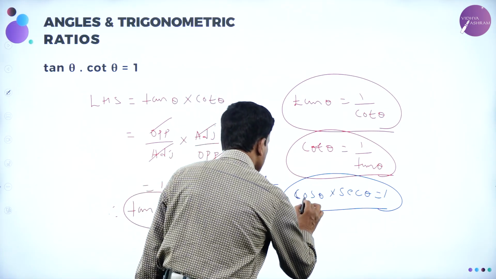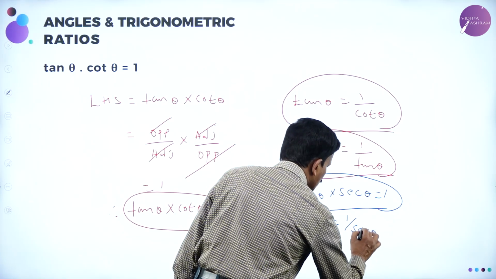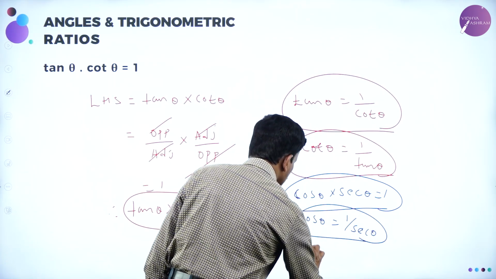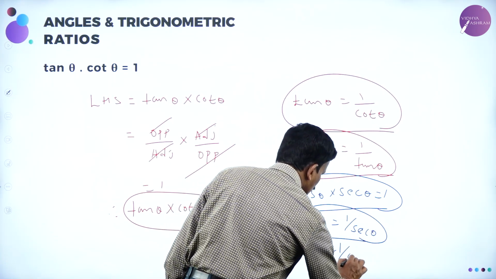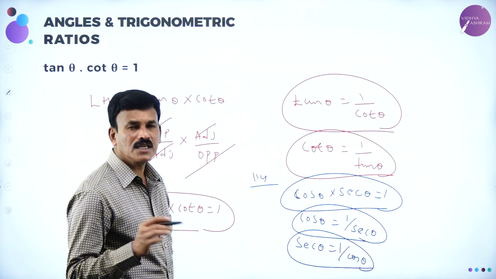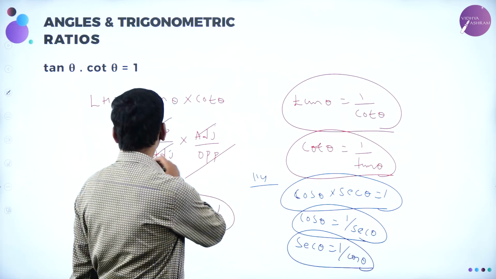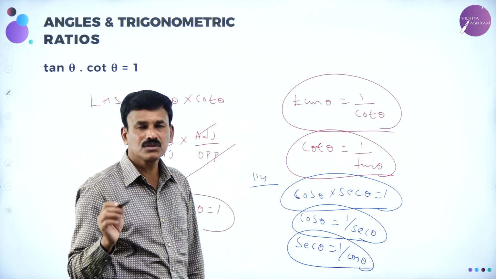So if you want cos theta alone, cos theta in terms of secant theta is 1 by secant theta, or secant theta is equal to 1 by cos theta, right. So sin theta into cosecant theta is 1, cos theta into secant theta is 1, tan theta into cot theta is also equal to 1.